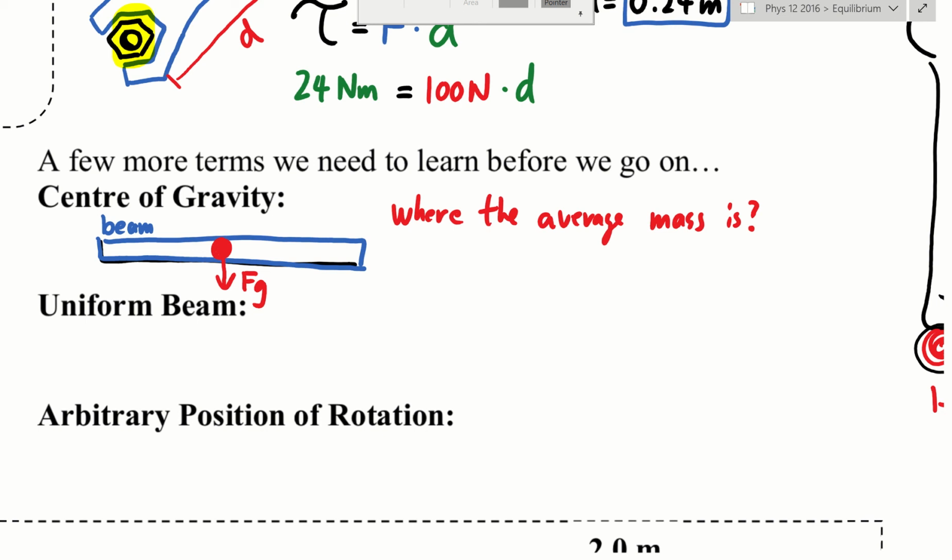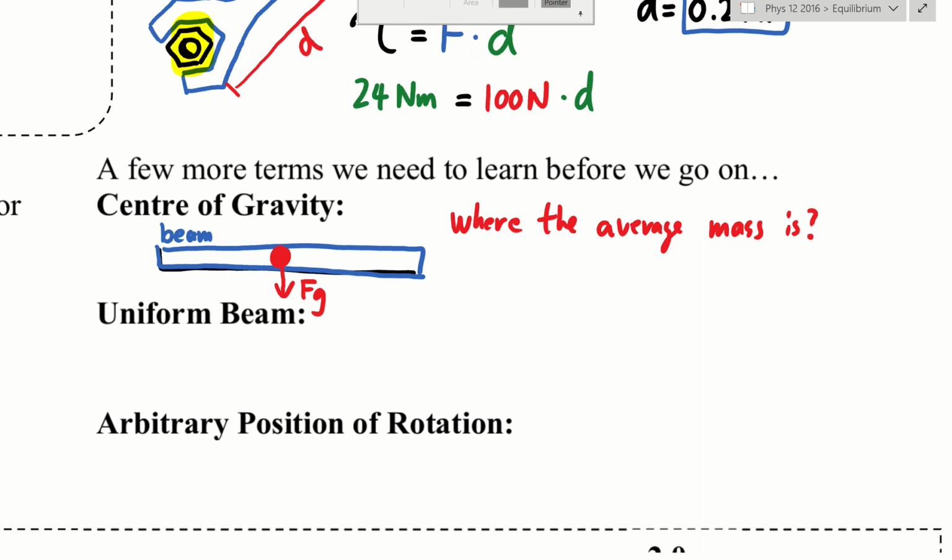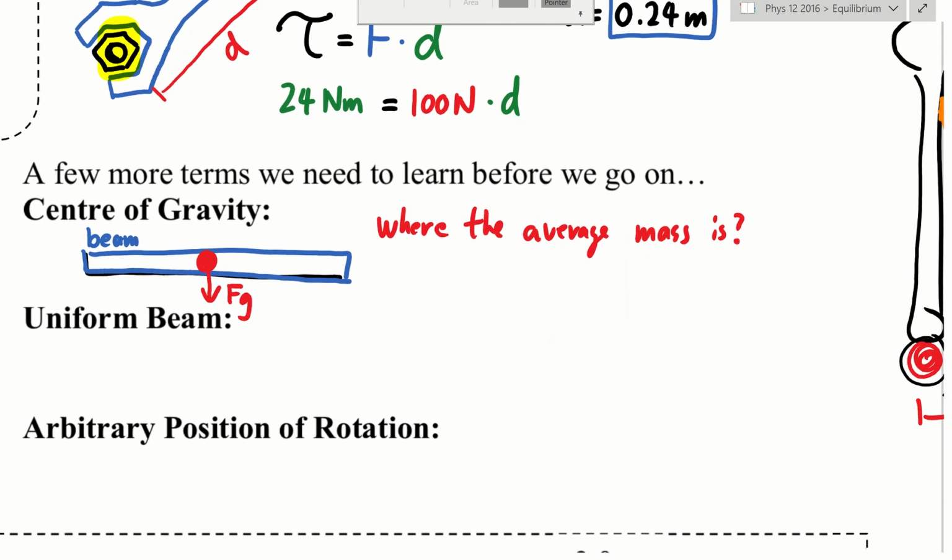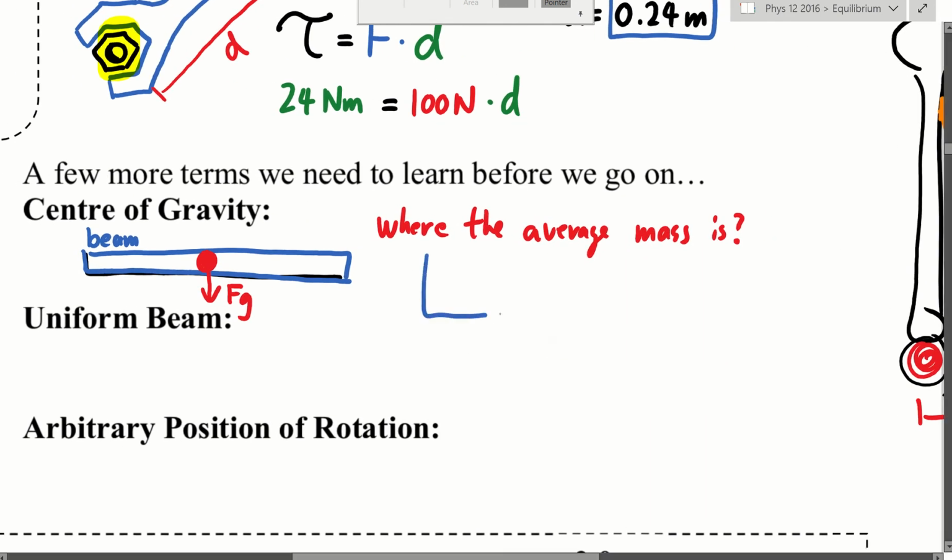Now, of course, sometimes you might have an object where the average mass is not in the middle. For example, if you have a bullet like this, isn't the average mass closer to the wider end compared to right in the middle? So that's center of mass.